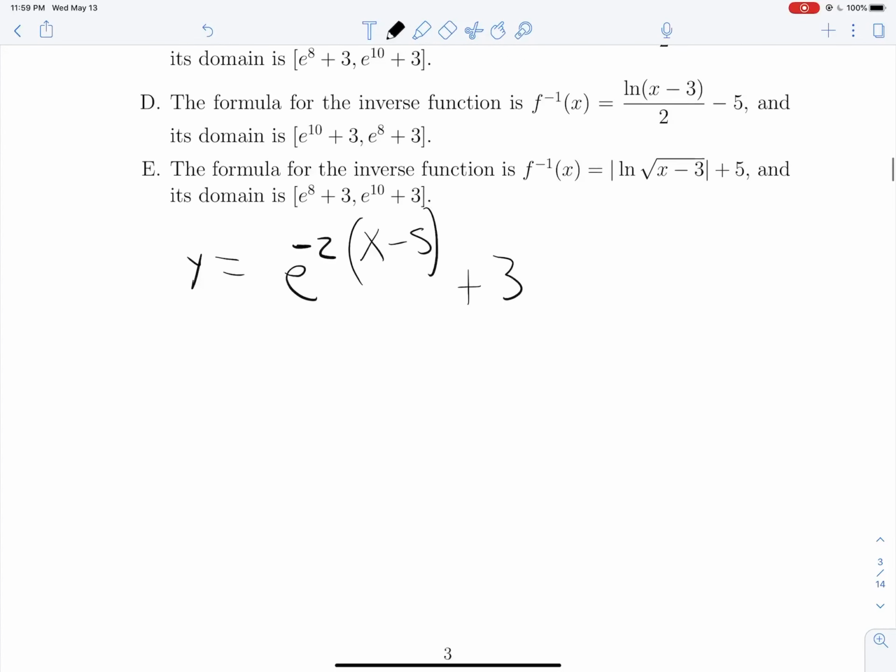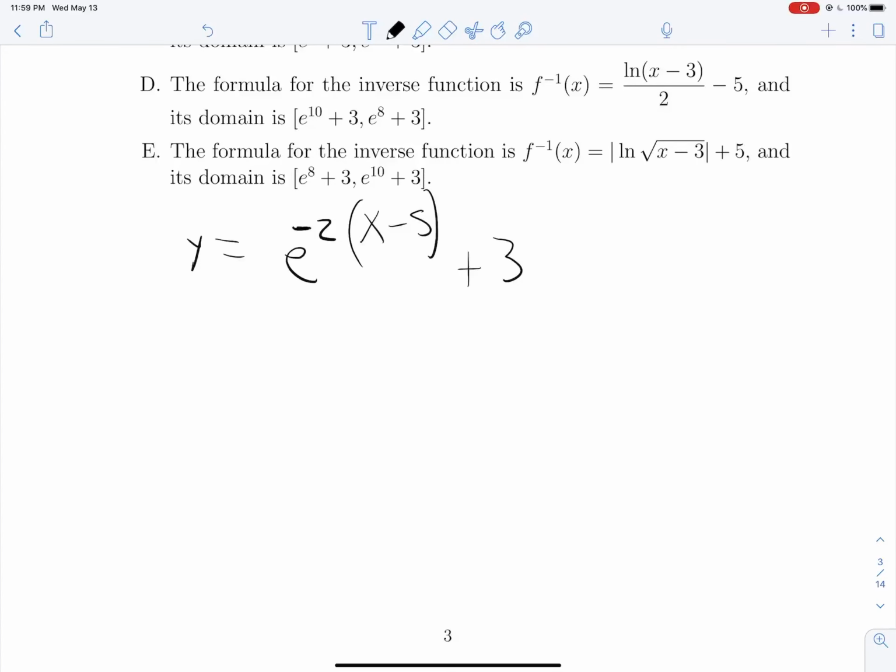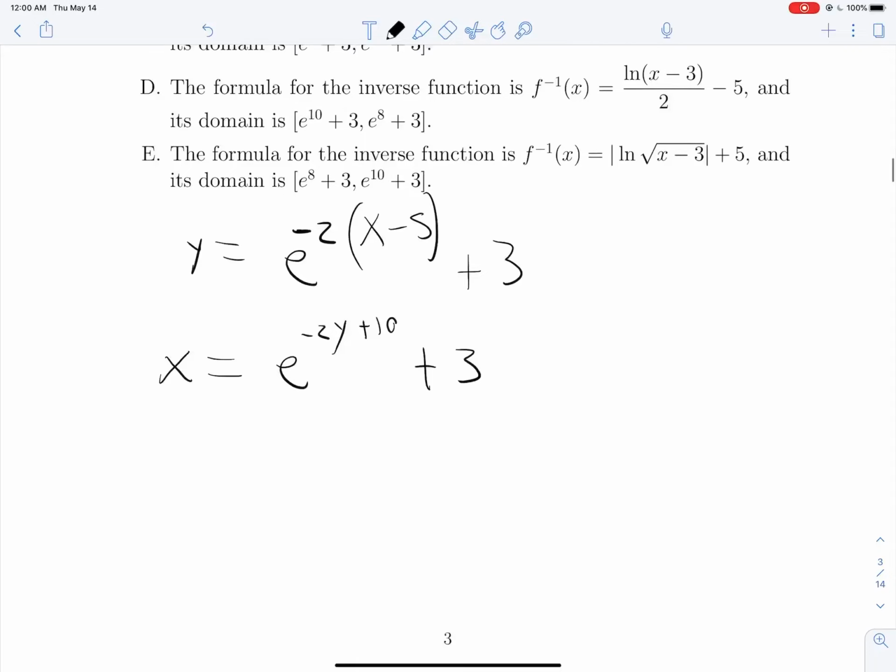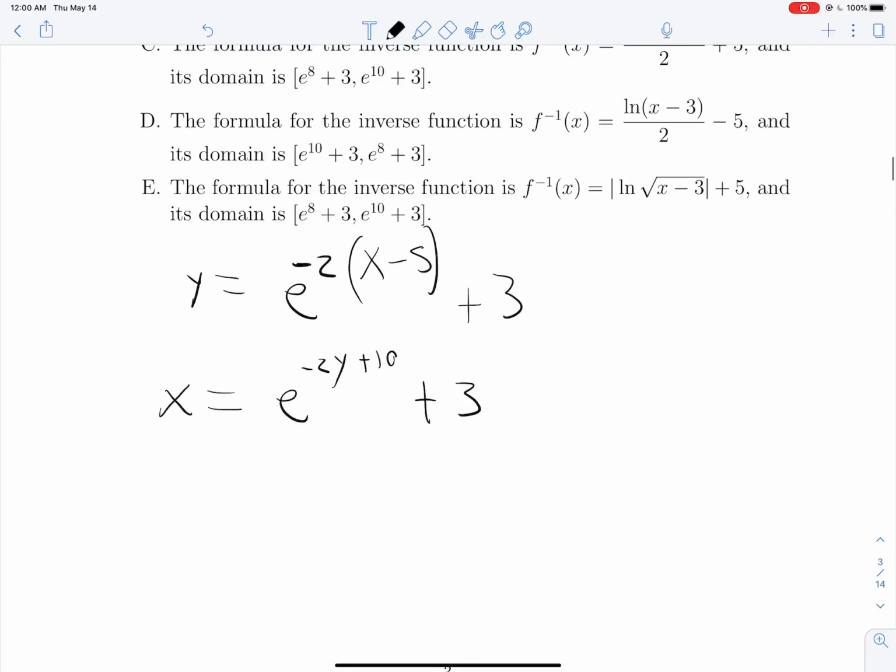So in order to solve for our inverse function, all we have to do is swap the places of x and y. So x is equal to e to the negative 2y plus 10, plus 3. And we can simplify this a little bit more. We're solving for y.